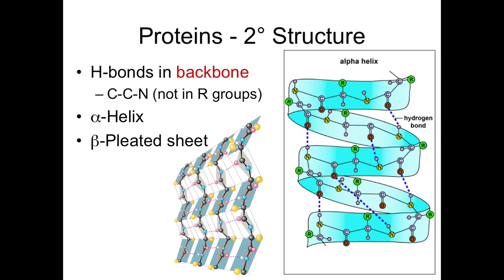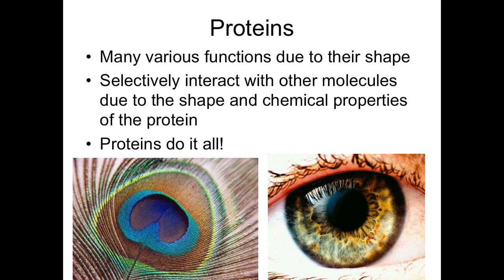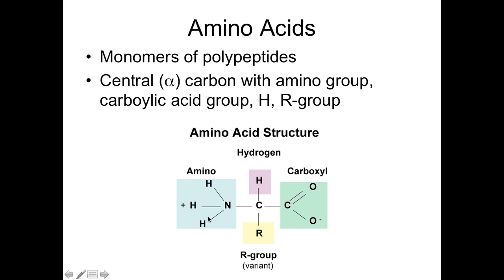The secondary structure involves the hydrogen bonding in the backbone of the protein. Okay, the backbone of the protein, I'm gonna back up for a second to our amino acid here, sorry. This is the backbone of the protein. If you look at the amino acids, this amino group is going to attach to the carboxylic acid group of the previous amino acid.